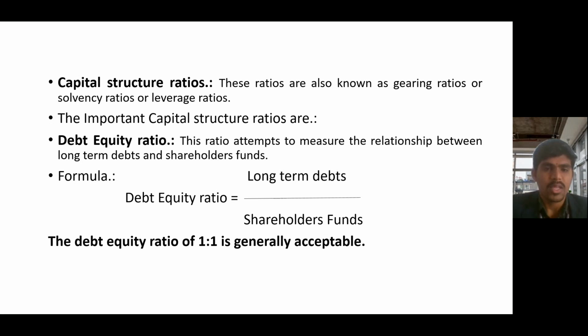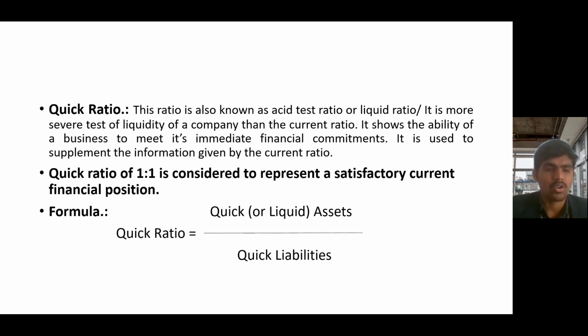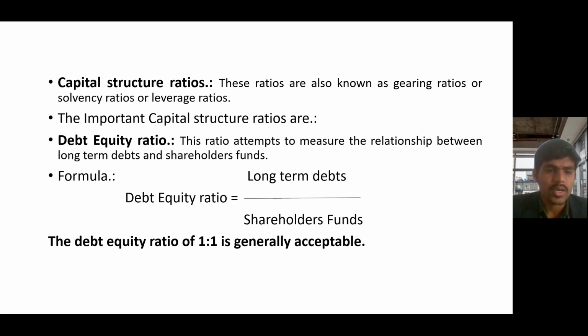Okay, next is capital structure ratio. The next important classification, after these two liquidity ratios, is the capital structure ratio. These ratios are also known as gearing ratios, solvency ratios or leverage ratios.